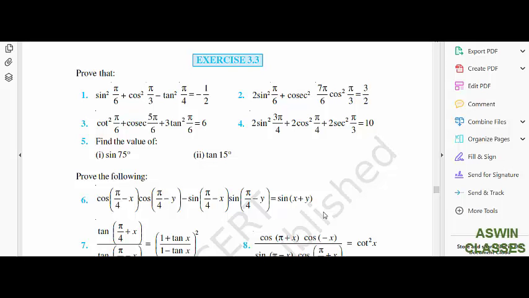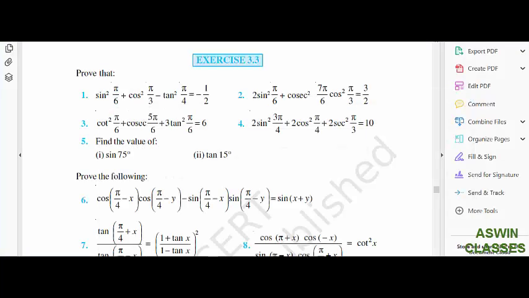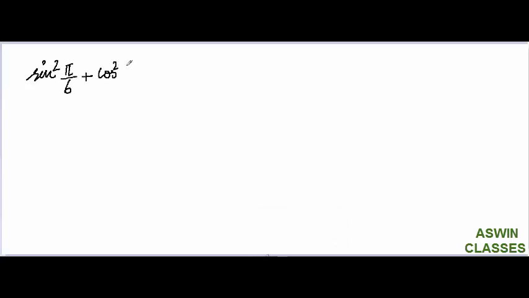Now let's discuss exercise 3.3. The first question is: sine square pi by 6 plus cos square pi by 3 minus tan square pi by 4 is equal to minus 1 by 2.